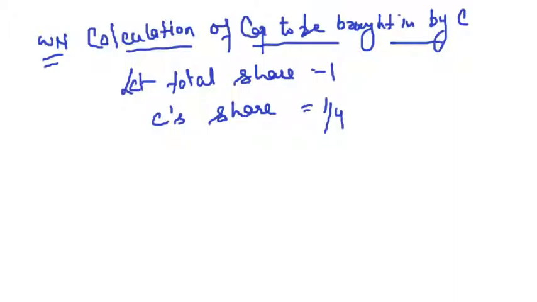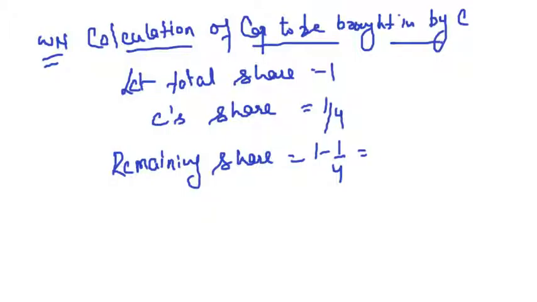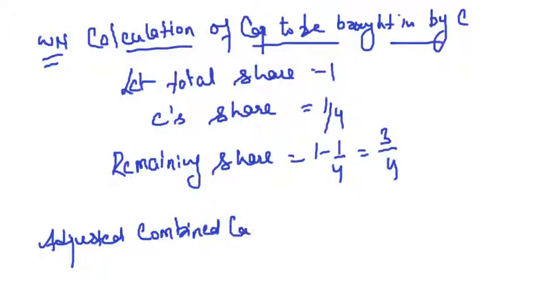What is the remaining share? 1 minus 1/4, 3/4. What is the adjusted combined capital of A and B?